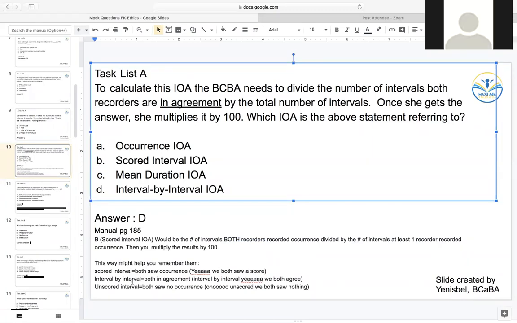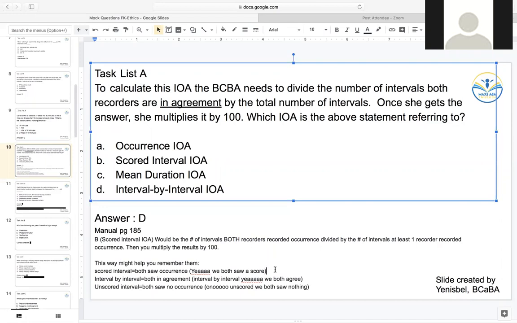So scored interval says we both saw a score, while interval by interval says we both agree on a score. Can we elaborate on that? Maybe when we say we saw something, it doesn't necessarily mean we agreed we saw the same thing. But if we agreed, that would be interval by interval.